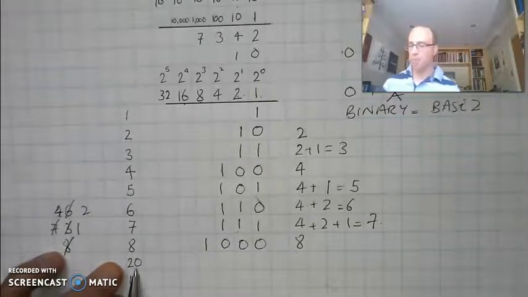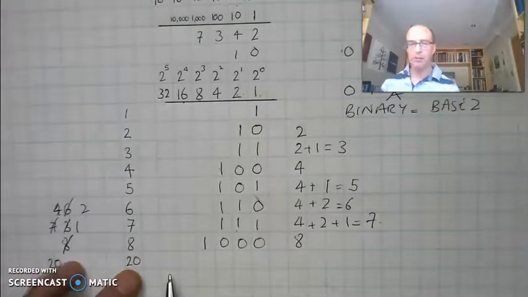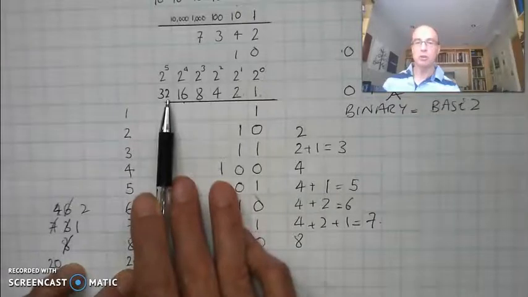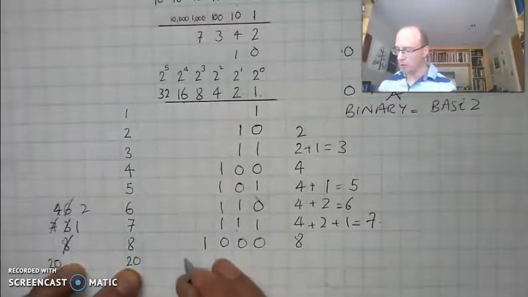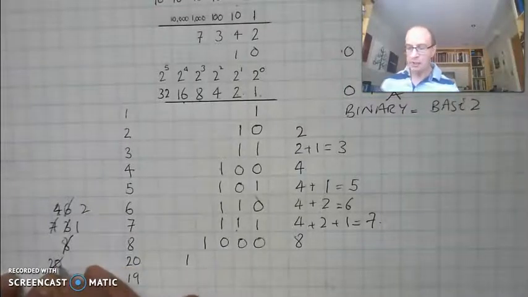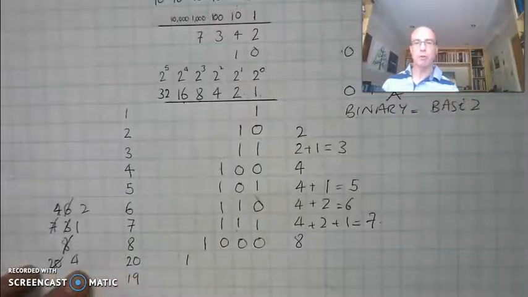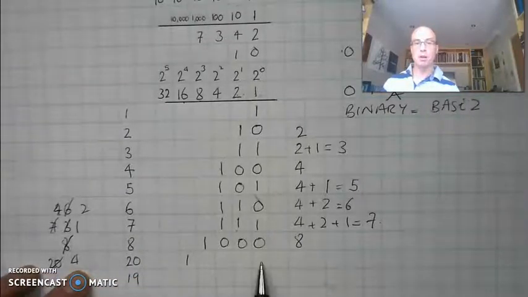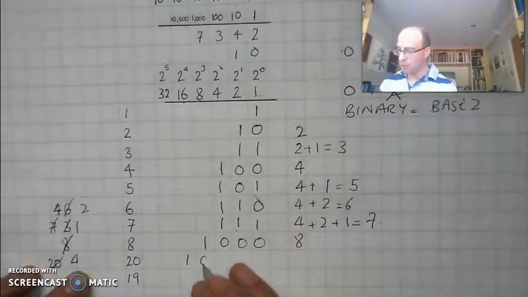So I've made a bit of a jump, and I've now got the number 20. So I'm going to look for the biggest number that's going to fit into my 20. 32 is too big, but 16 will fit. So I need one lot of 16. So I'm going to put a 1 down here. Take 16 away from my 20. That's going to leave me 4. I still need to put 4 into my other columns. So 8 won't fit, so let's put a 0 in.